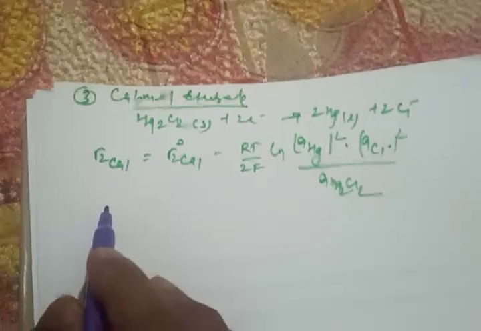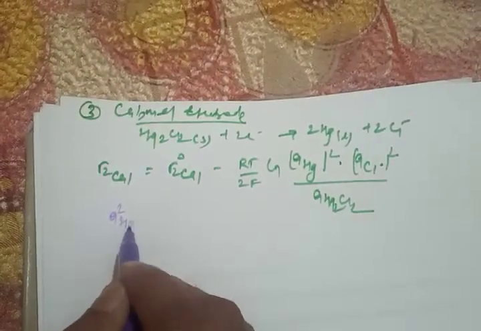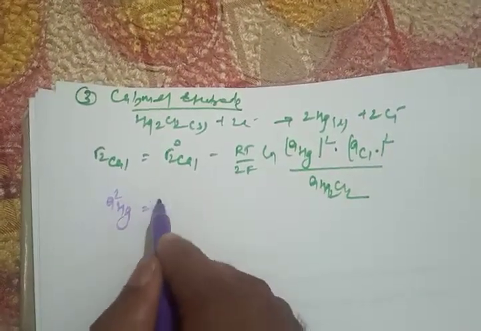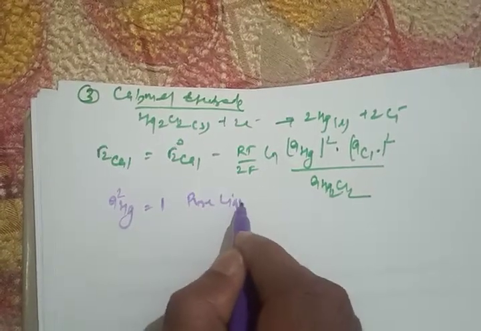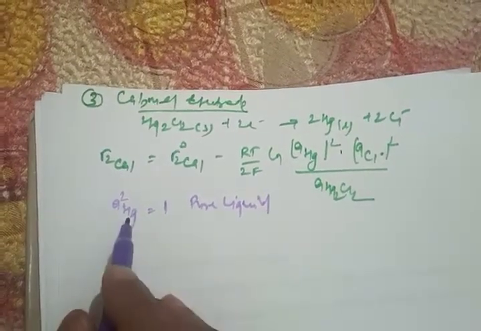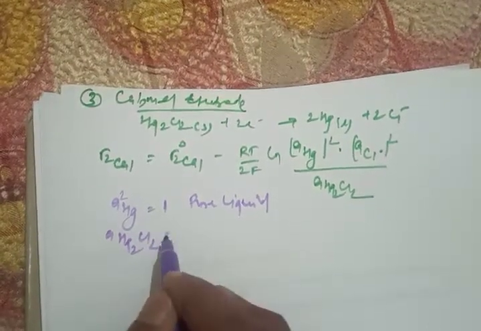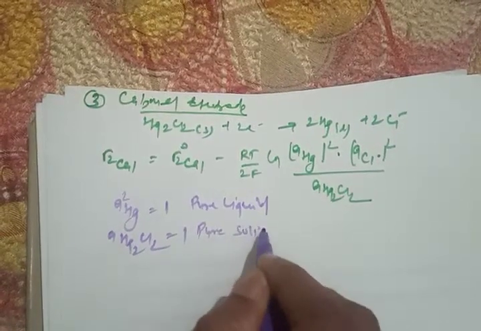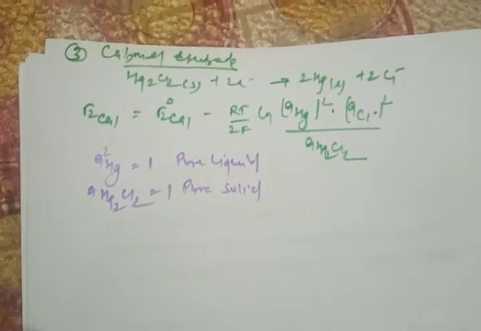Okay, now for this case, as we know, A squared Hg is 1 for pure liquid, and similarly A Hg2Cl2 is also 1. This is for pure solid. So these two are unity.